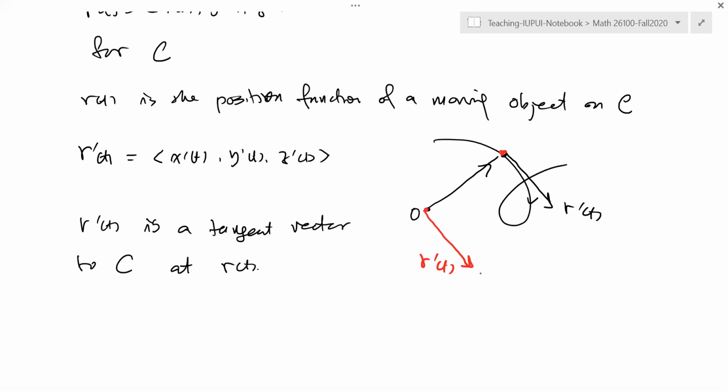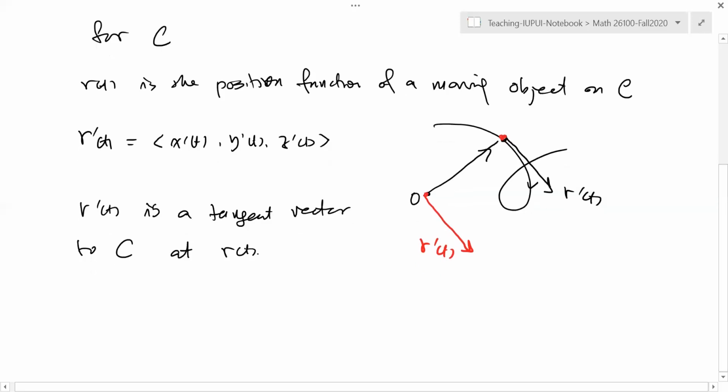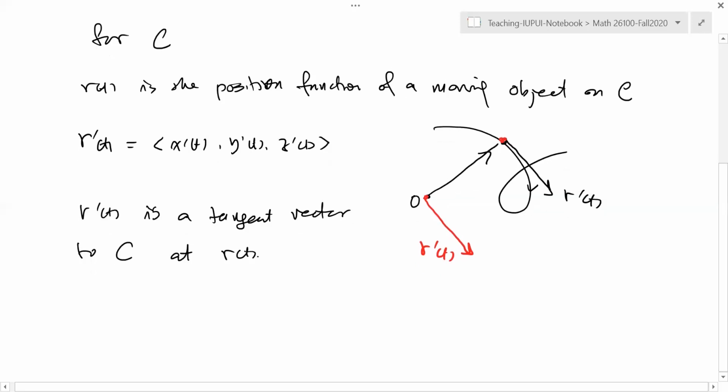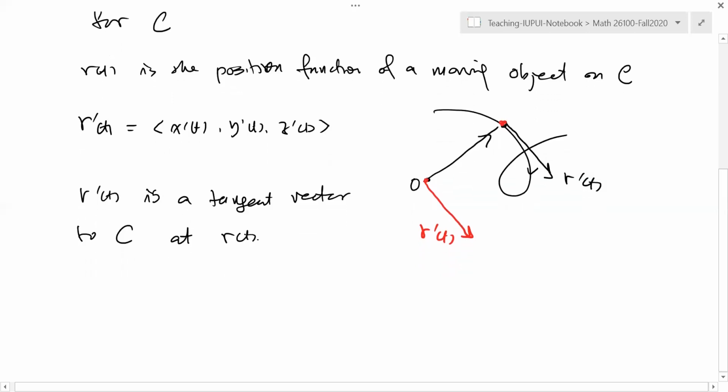You can put them at different locations. But if you are given three numbers put together, and you don't know the starting point, you just draw it from the origin. Then this is called a tangent vector.